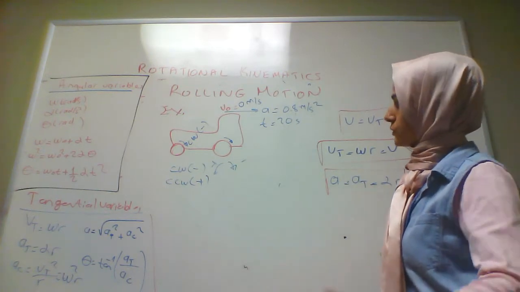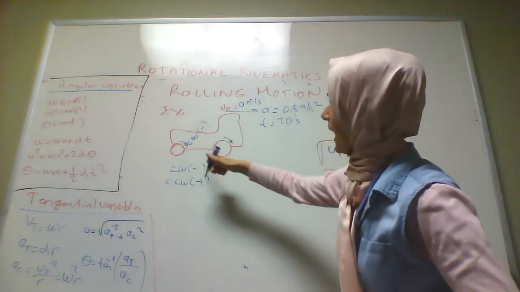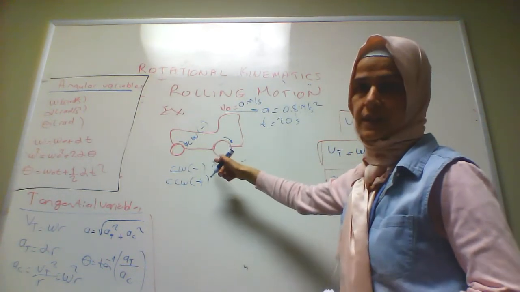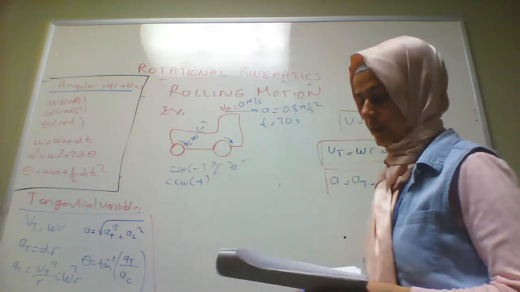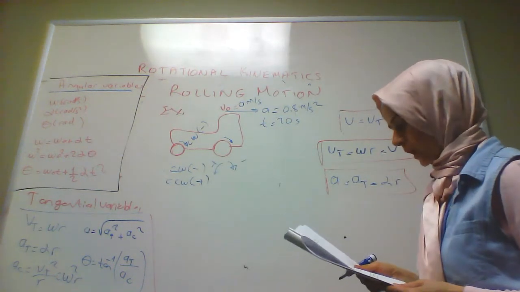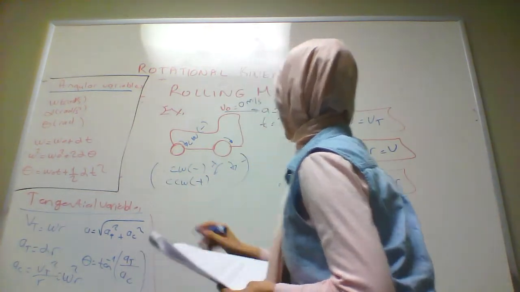However, in some questions you might see the values we will find, for example for theta, the angular displacement, given as negative in the books because the direction is clockwise. That's the only reason. But I'm not going to use it here. Just know where it's coming from and don't confuse yourself.